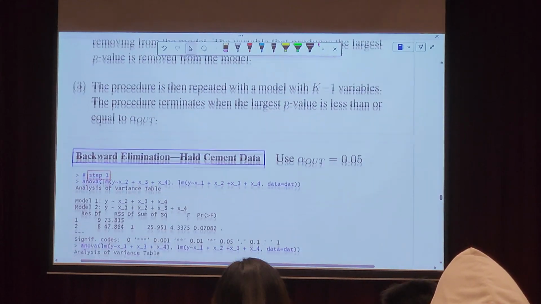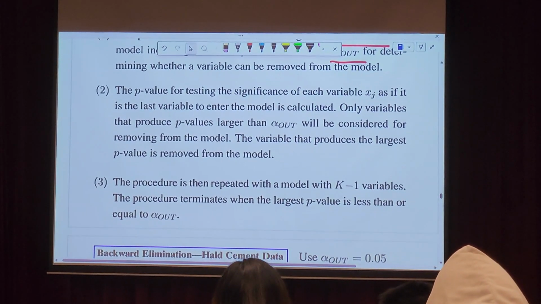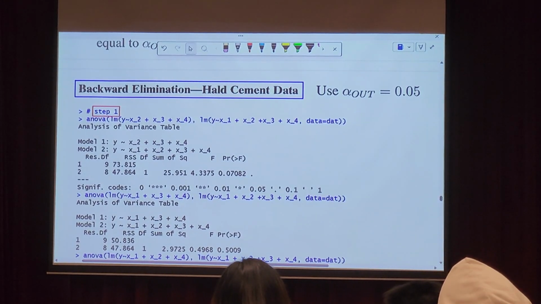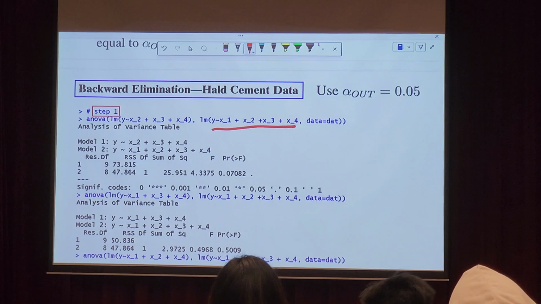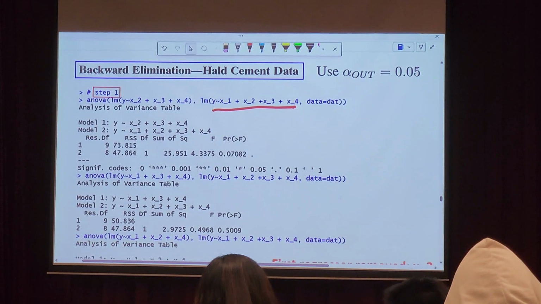Okay, now I am going to illustrate. I'm not going to read items 2 and 3, you can read them, but I'm going to show you how it is done with the cement data. So in step 1, remember we have fitted this model already, and here I want to know whether I can kick out x1 or not.